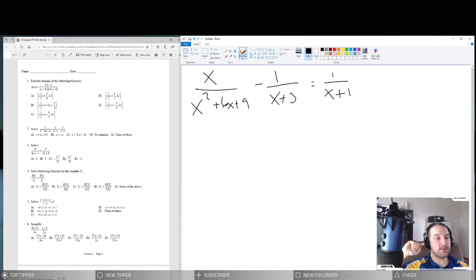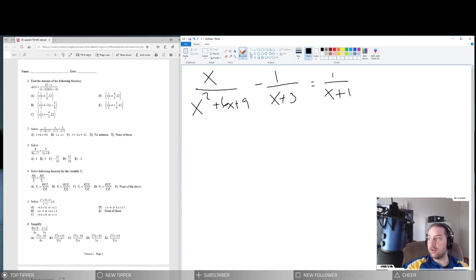Okay, so when we're solving rational equations, what we want to do is make the denominators the same. Once the denominator is the same, we can ignore it. We don't have to worry about it. And the main reason is once the denominator is the same, if you multiply everything by that denominator, everything will cancel out.